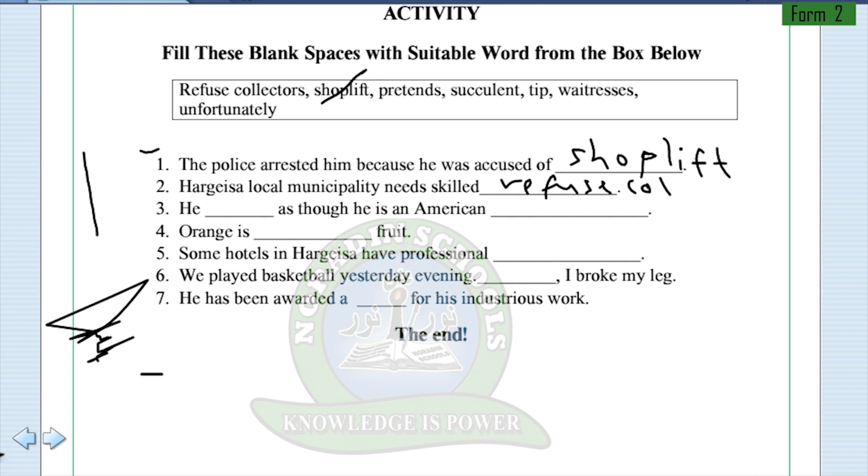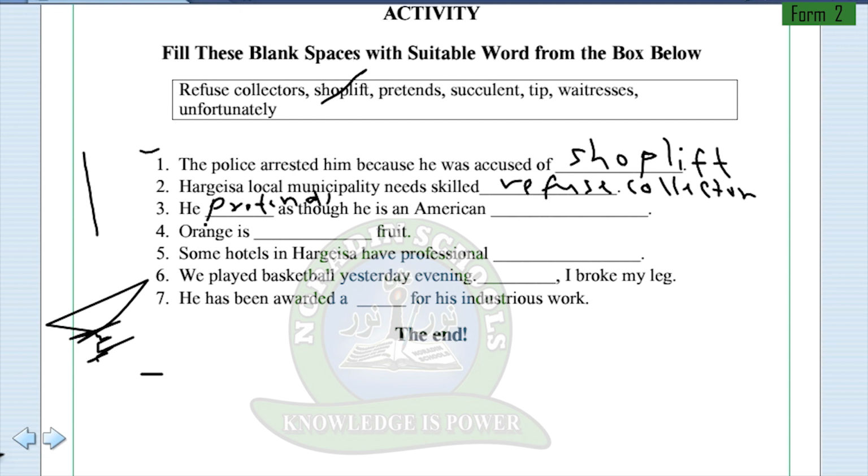Appreciate it. The next one: he blank as though he is an American. Succulent, no. Tip, no. Waitress, no. He pretends. That's good. Thank you very much. He pretends as though he's an American. He's not American actually, but he pretends.